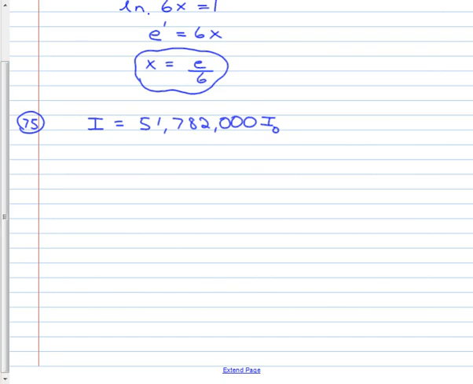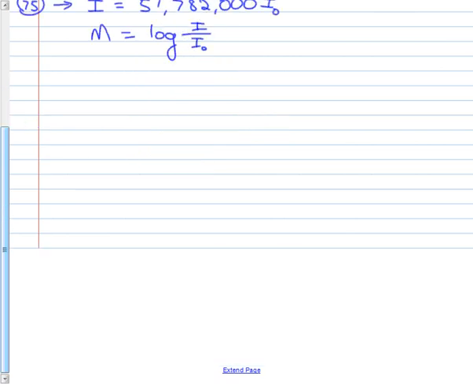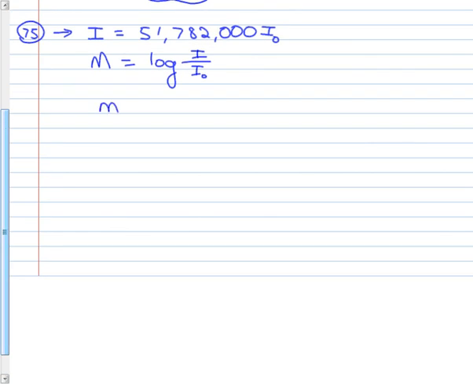So we need to know our magnitude of an earthquake formula equals the common log of intensity divided by the zero intensity earthquake. So if this is our intensity value, then I can replace my I with that value.